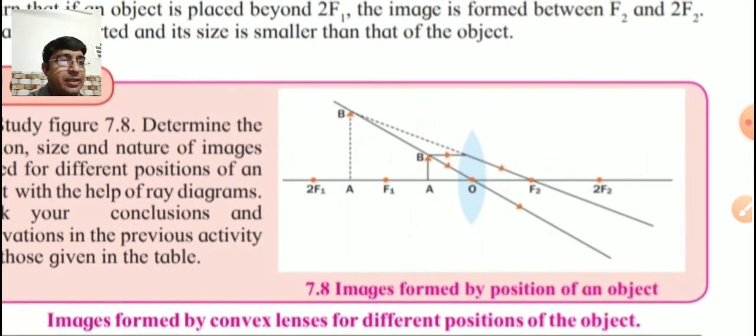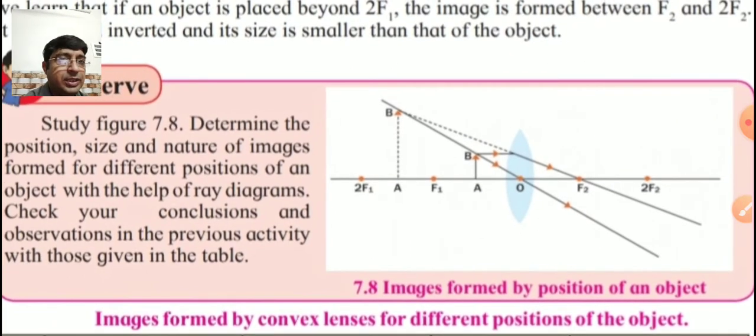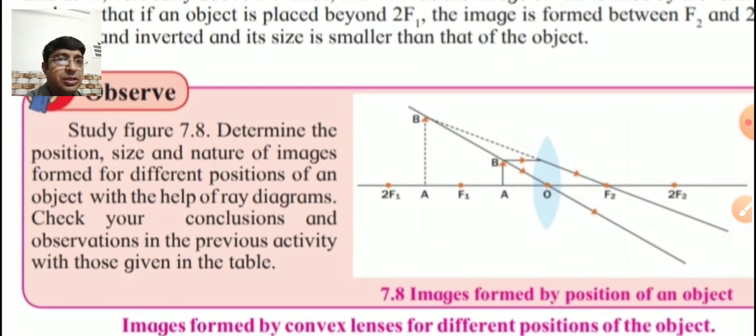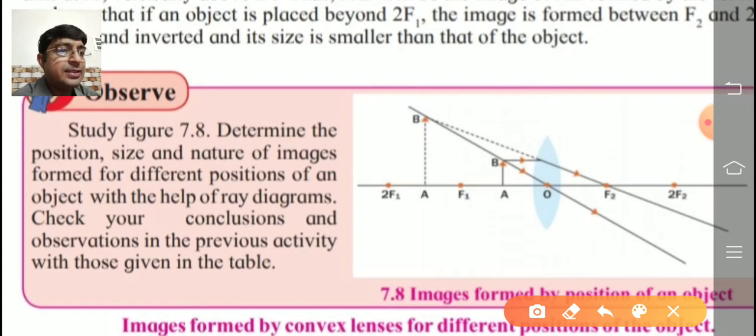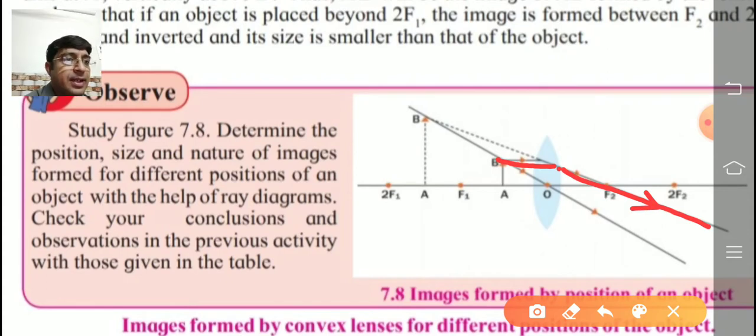So observe the diagram carefully and write the answers to the given question: what is the position, size and nature of the image? The first incident ray is parallel to the principal axis, and after refraction it passes through the second principal focus on the other side. Show the arrows on these rays. The second ray of light passes through the optical center, and no deviation takes place.